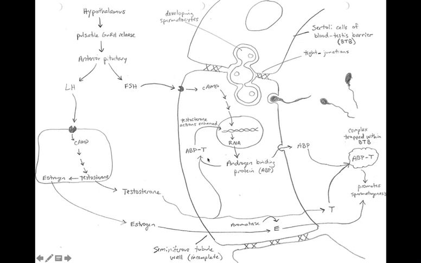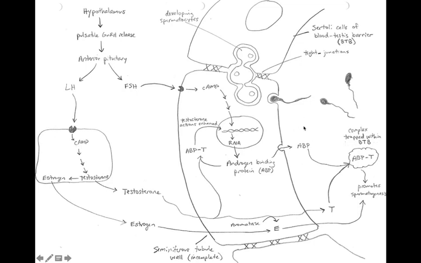Well, once our testosterone binds to it, it can no longer diffuse back out and into the bloodstream, right? And so what that does is it increases the testosterone concentration. Notice this androgen binding protein is also being secreted, but it's going to increase the concentration of testosterone in this space to about 100-fold higher than it is in the blood.